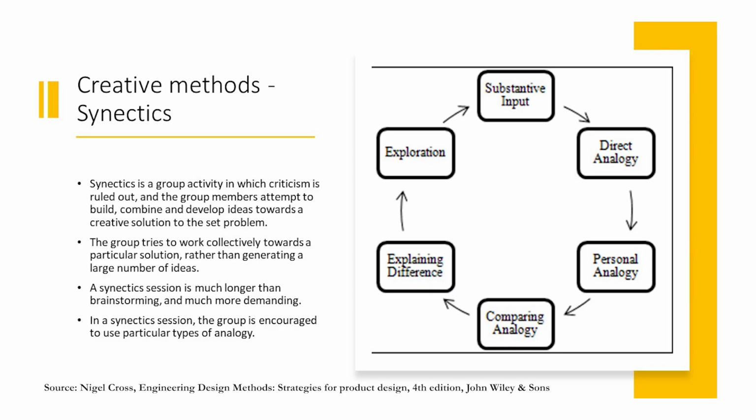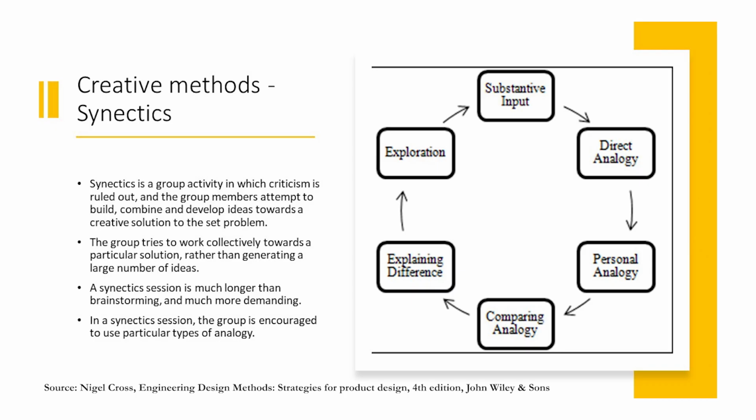You can create an analogy with some similar functioning system, or you can compare against some other system and explain the difference, and that is how your exploration process keeps going, and you try to combine these ideas to create a solution to a problem. So, a group tries to work collectively towards a particular solution rather than generating a large number of ideas. You do not try to get 50, 60, 100 ideas, you work with a limited number of ideas and you work collectively.